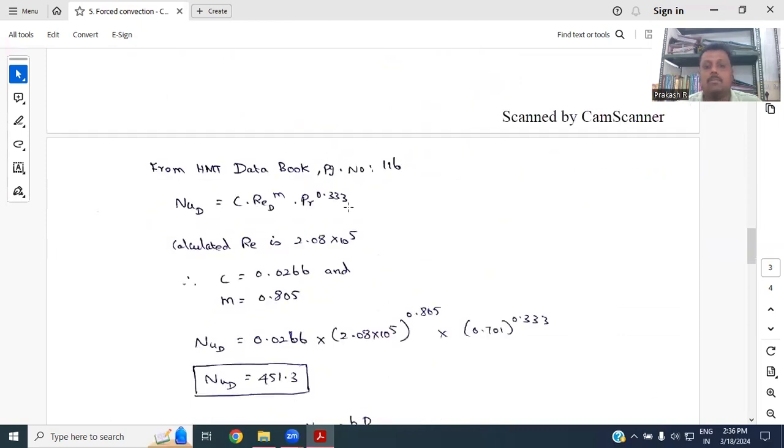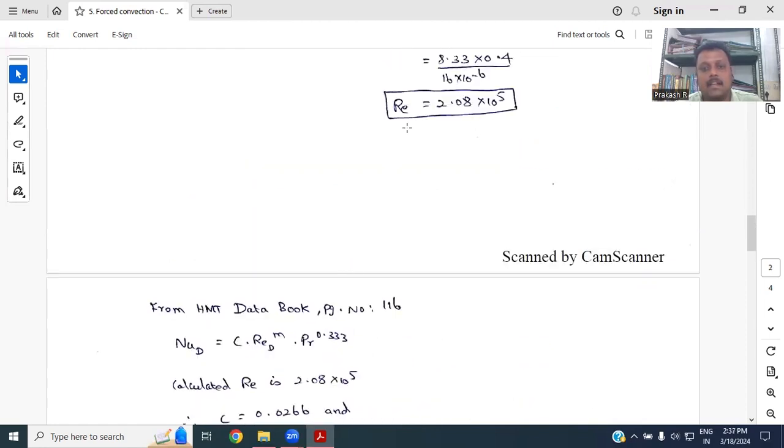So when we are solving problems on cylinder, the Nusselt number formula will be Nu is equal to C into Reynolds number power M, Prandtl number power 0.333. We can take it from the HMT data book at page number 116. In this formula, there are two new terms, C and M. This C and M we can take from the Reynolds number value.